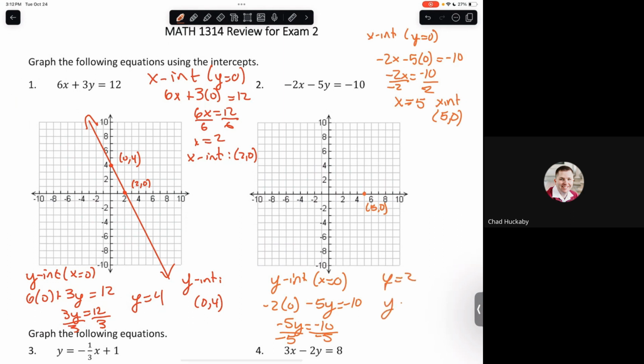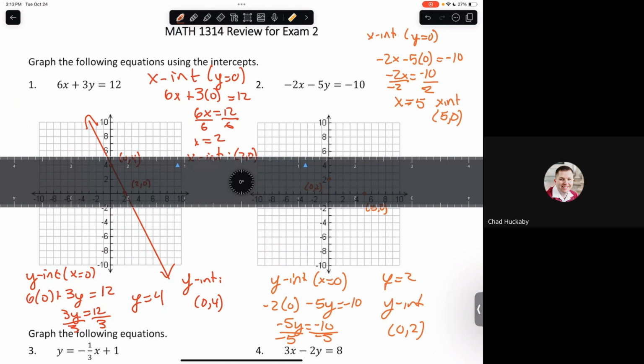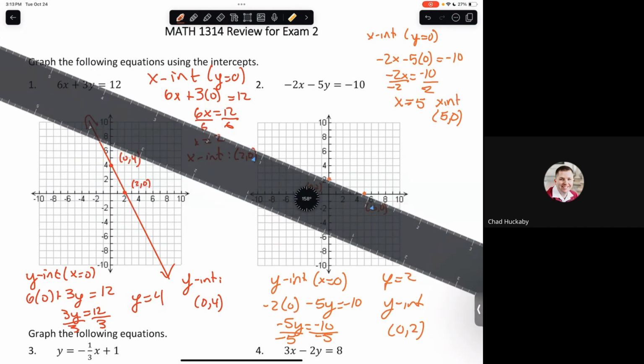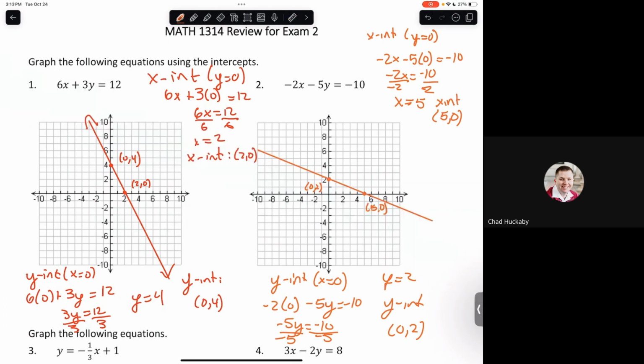And our y-intercept is the point 0, comma 2. Okay. And so what we can do there is we can plot that point. That's 0, 2. Bring up my ruler one more time, and we'll line it up to get a straight edge through those points and put arrows in both directions.